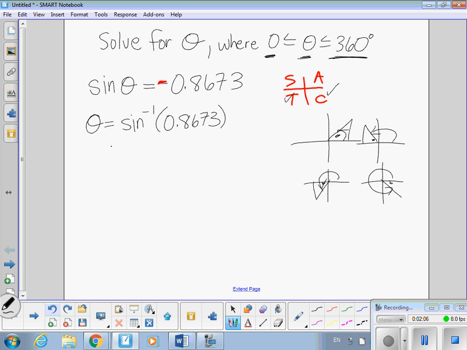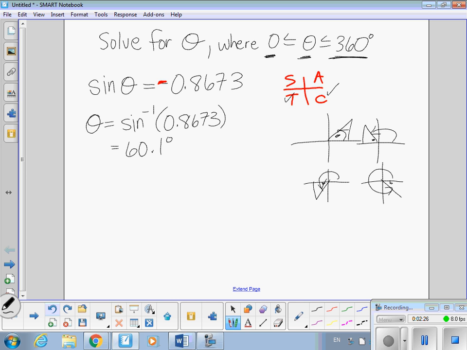So I'm just going to pull up my calculator. Sorry, I don't have an on-screen one, so I'm just doing sine inverse of positive decimal 0.8673, and it works out to 60.1 degrees.